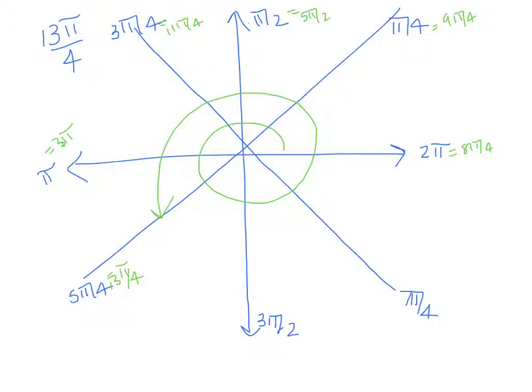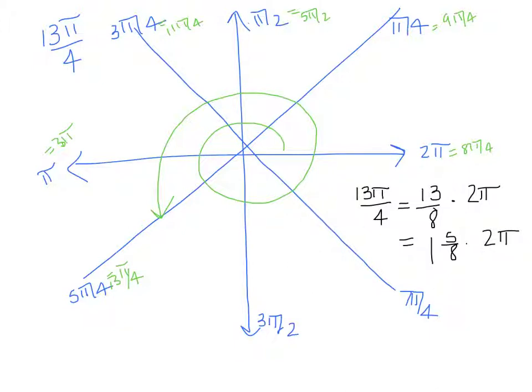Another way you can do it is how we did it previously. With 13 pi over 4, all you have to do is figure out how many eighths that is. So that would be 13/8 of a revolution, or 1 5/8 of a revolution.